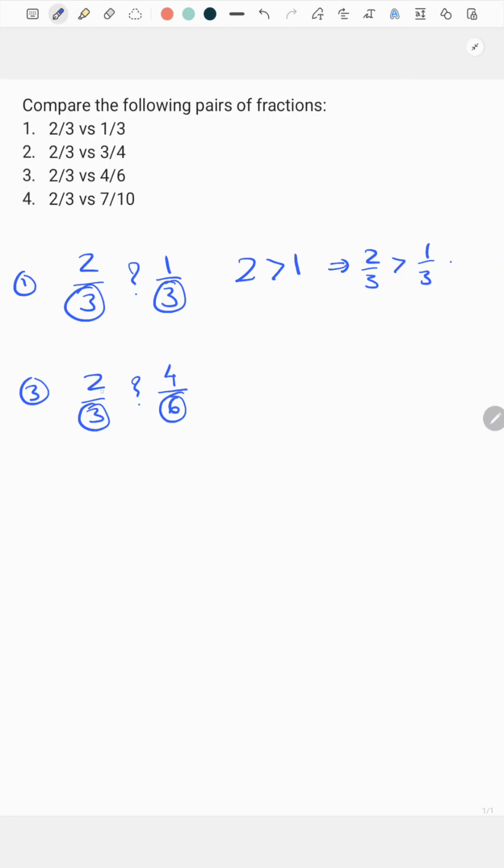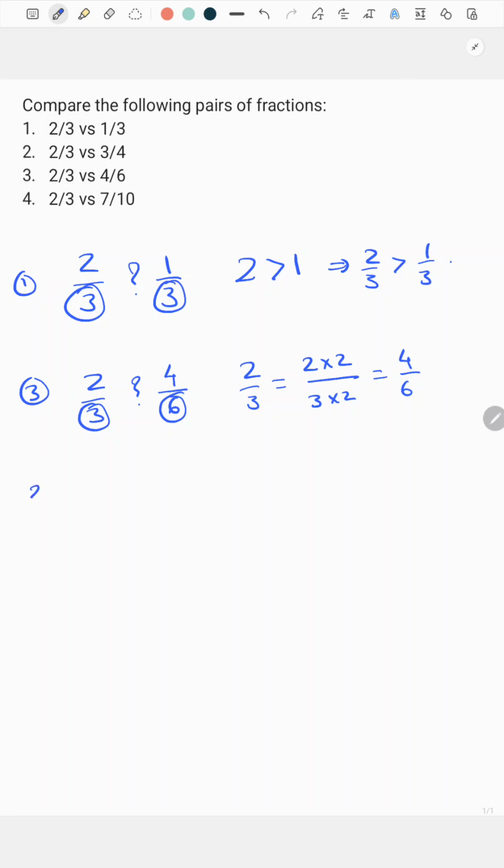So we need to multiply the numerator and denominator of the first fraction by 2, and that will make it so 2/3 is equal to 2 times 2 divided by 3 times 2. I'm multiplying the numerator and denominator by the same number, so the fraction does not change, which is equal to 4 divided by 6. So actually the two fractions are equal, so that's good.